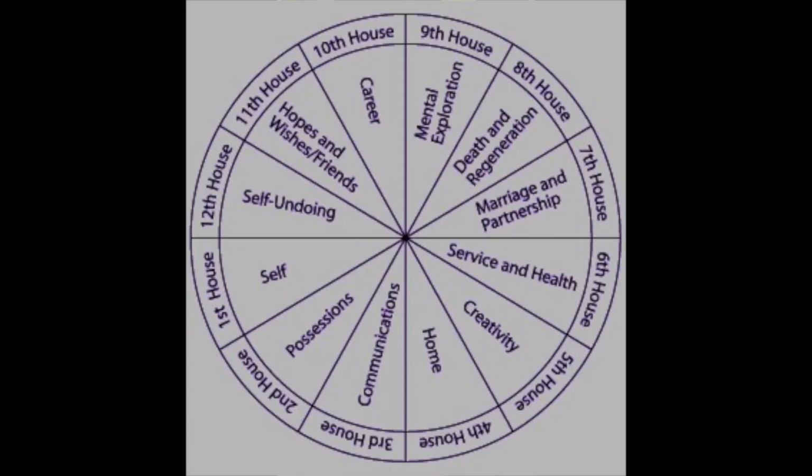In astrology, when you have your horoscope drawn up, it's cut up into 12 sections, which looks like a pizza with 12 slices in it. They are the houses of your chart, and they all deal with different parts of your life.